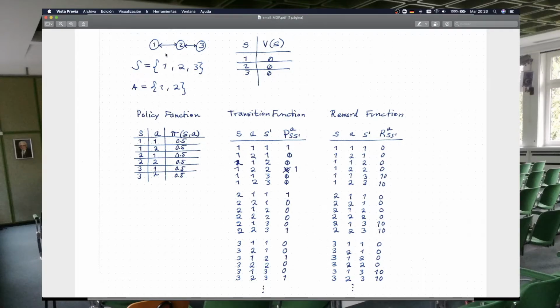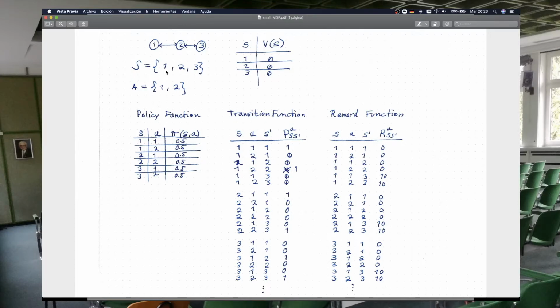Suppose that our MDP has only 3 states. From state 1 you can go to state 2. From state 2 you can go back to state 1 or to state 3. And from state 3 you can go to state 2. So this is an MDP with 3 states, 1, 2, and 3.